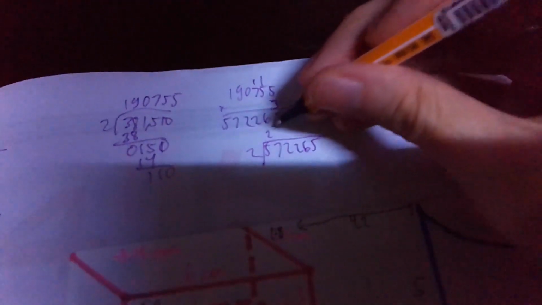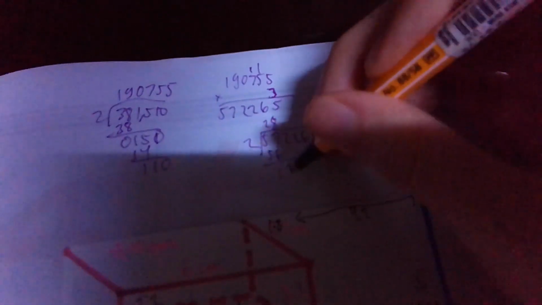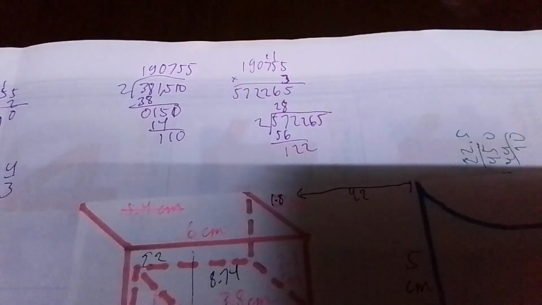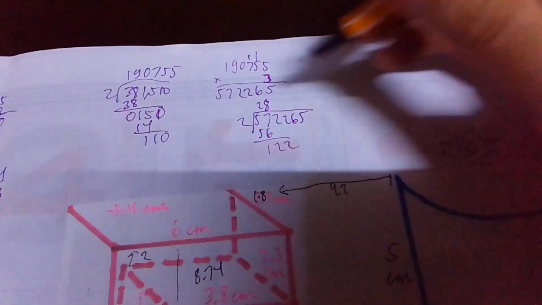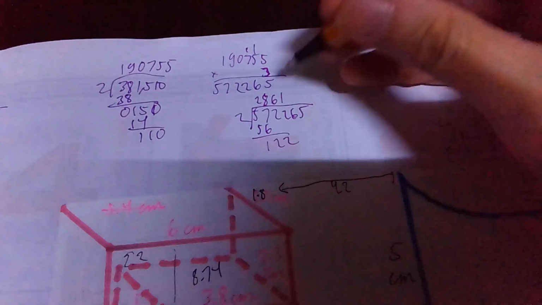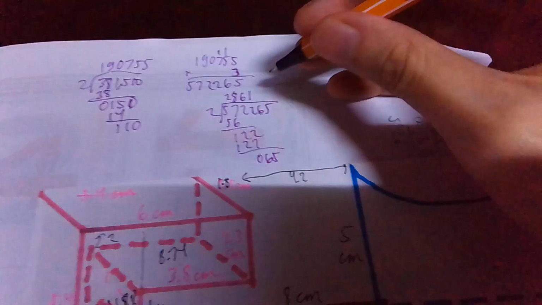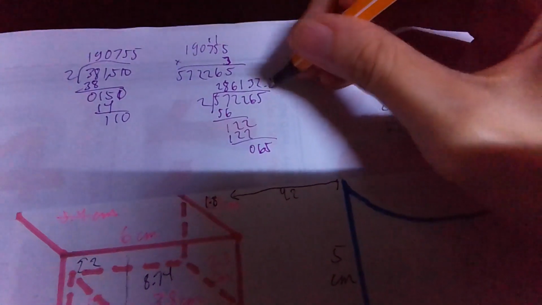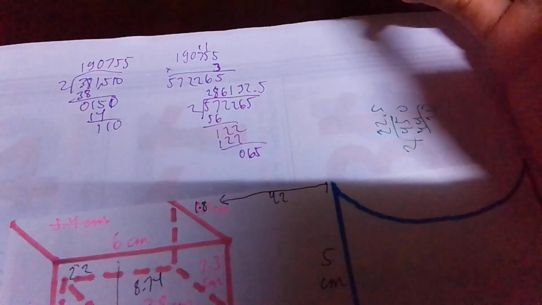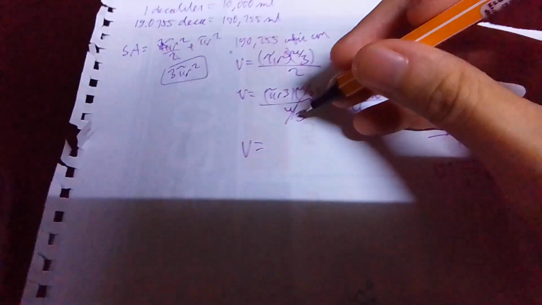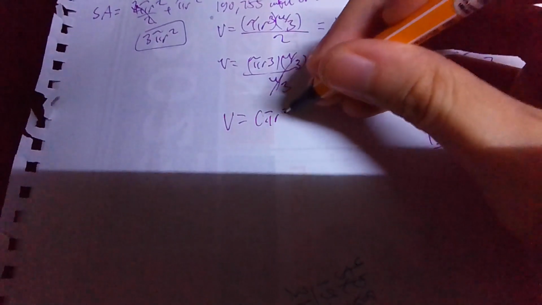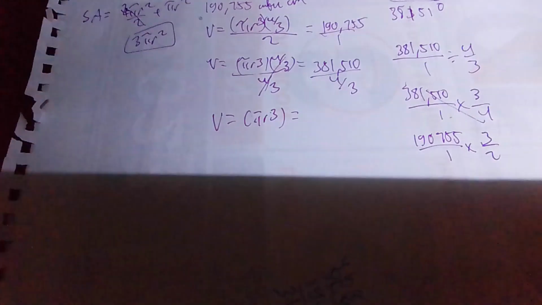Half of 122 is, ano to? 61. So yun nga. So therefore, it becomes volume equals pi times radius cubed equals, ano to?